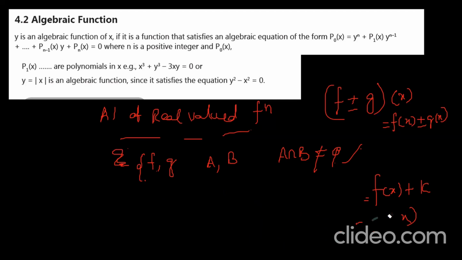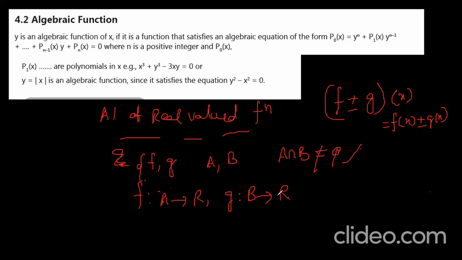In the first case we observed all the operations. In the next case, f maps A into R and similarly g maps B into R. Then C is equal to the set of x belongs to A intersection B such that g of x is not equal to 0.